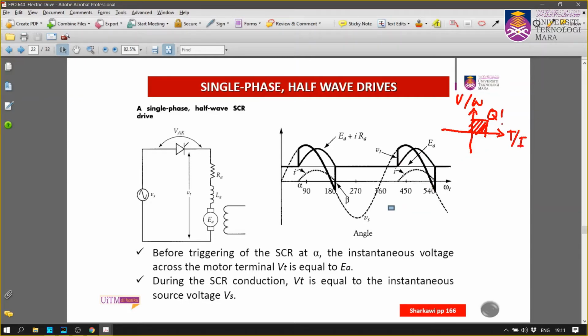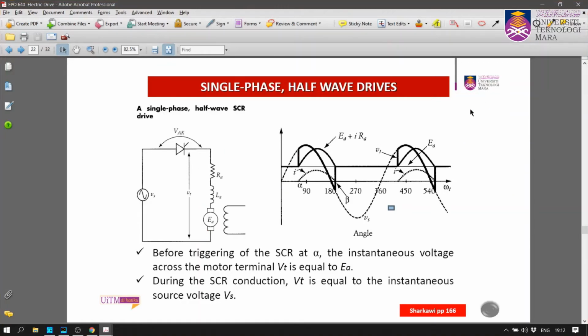Right, so this is condition 1. It can only operate there because the current always flows in that direction, and the voltage also only in that direction. Yeah? That VT here is always that direction, plus minus there. So you can only have one quadrant operation.